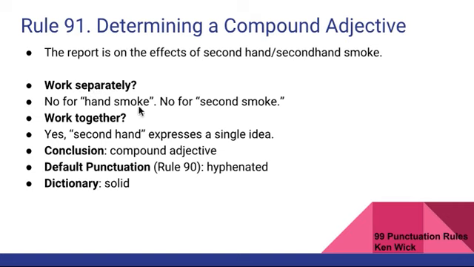That's why I was separating each part in front of the noun to see if it made sense. So they have to work as a unit, so I look at them separately, and then I look at them together to come up with a conclusion. Here I can answer no, here I can answer yes, therefore I know it's a compound adjective.